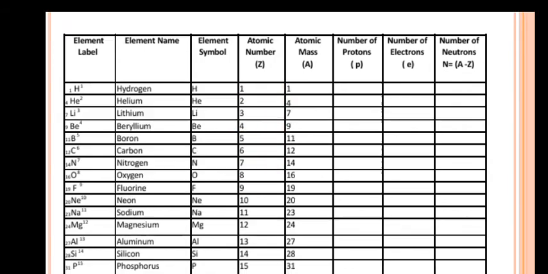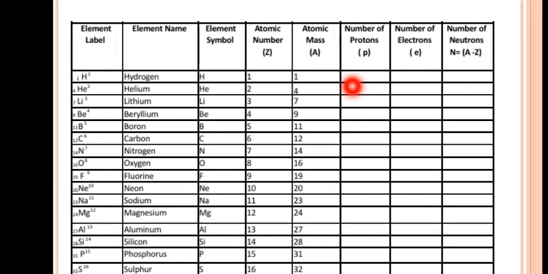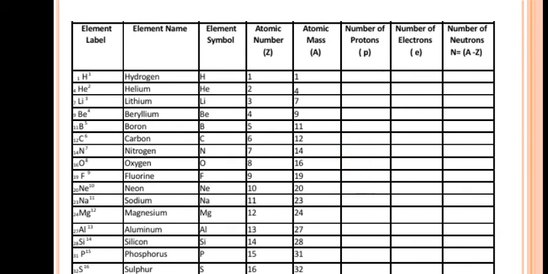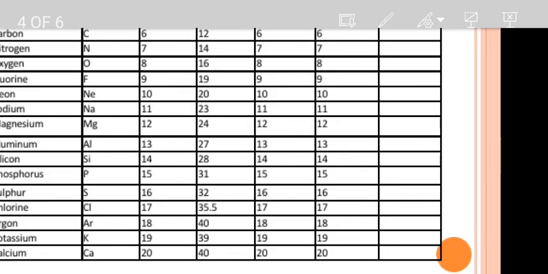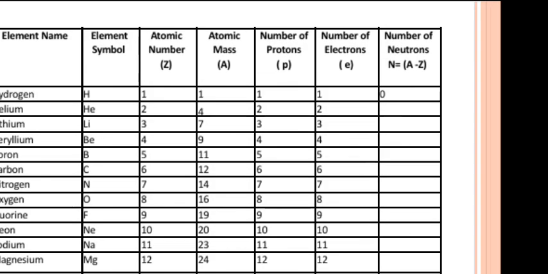You have to write it in the number of protons column and the number of electrons column. Just copy down the atomic number, because the number of electrons and number of protons are the same as the atomic number, right? Now you can see the number of protons and electrons are the same.